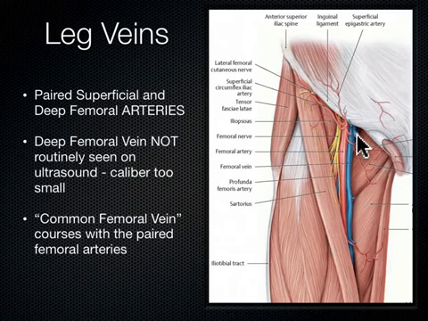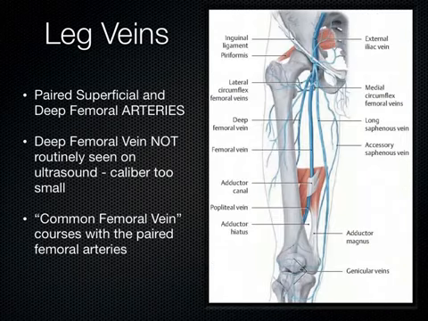There is a deep femoral vein, but it's of such small caliber that we don't really see it on ultrasound, and therefore it's right down by the femur. It goes really deep, small caliber, not really a clinically relevant vessel. Occasionally there are anatomical variants. I've seen complete duplication of this entire system in several individuals now, just going about the country teaching this stuff.